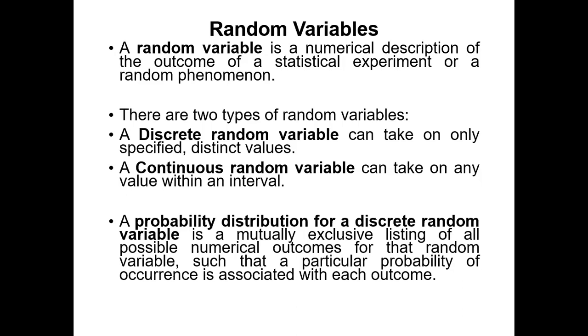But a continuous random variable can take on any value within an interval. Now, a probability distribution for a discrete random variable is a mutually exclusive listing of all possible numerical outcomes for that random variable, such that a probability of occurrence is associated with each outcome.